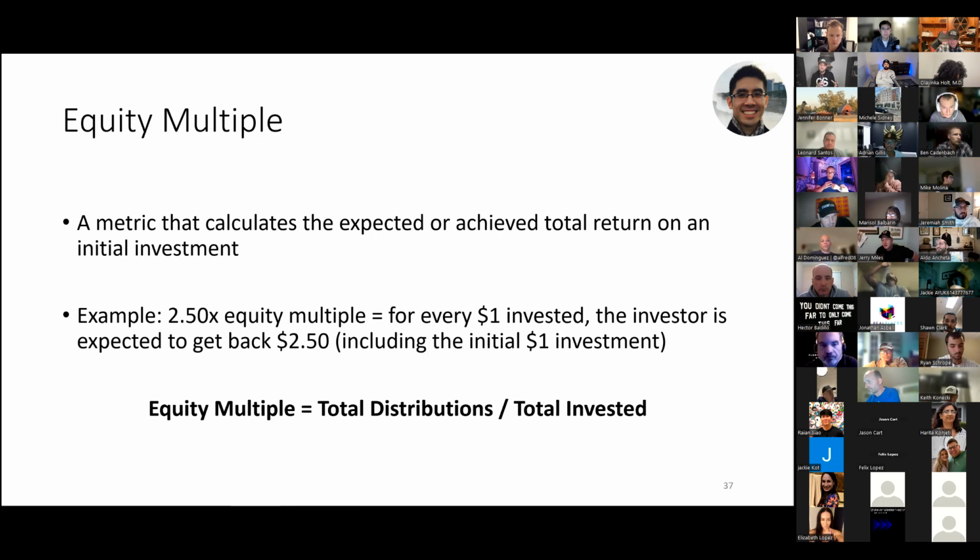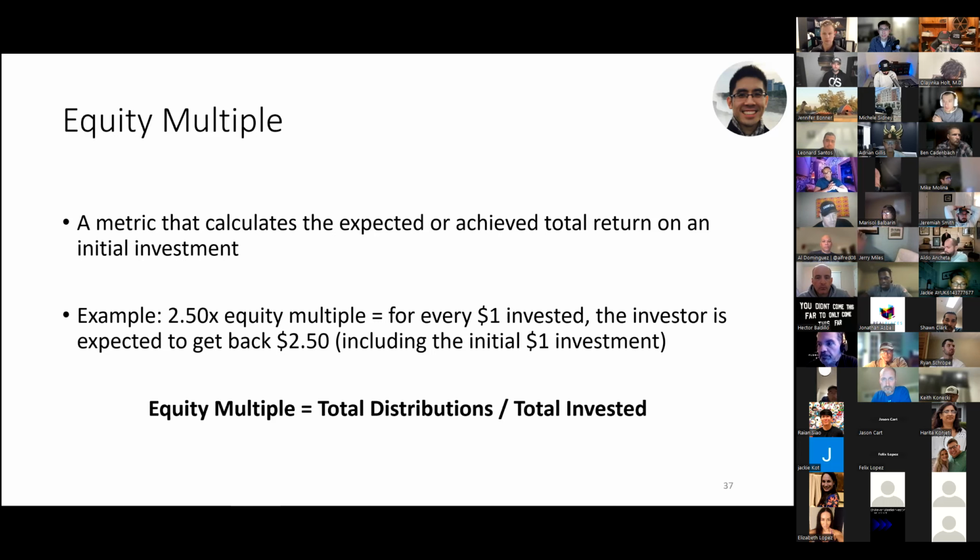But that can be a little bit misleading because that could be a 2x, but that doesn't mean your 100K would turn into 200K. It would turn into a little bit less because it puts the GP shares in there. So when you only see equity multiple, I would always encourage you to ask, how is the equity multiple being calculated? Is it the asset equity multiple or is it the investor-only equity multiple?